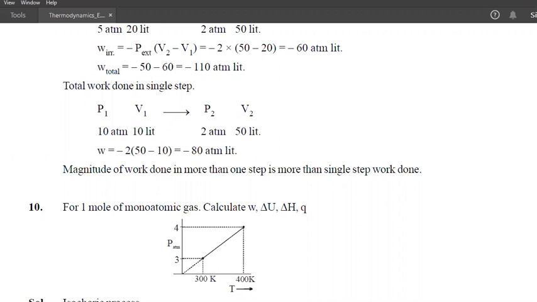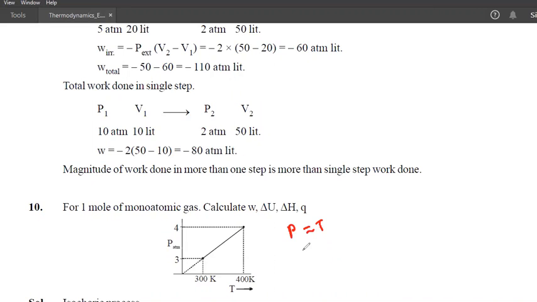See, this is P versus T. Just think about this now. P versus T is a straight line, right? Which is P directly proportional to T. Now, when is this possible? When volume is constant, yes or no?